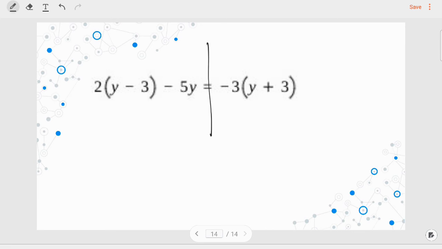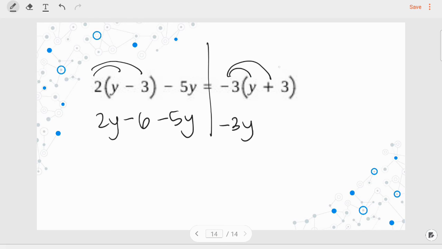Okay, let's try one more. Drawing our line, simplifying both sides. Distribute. 2 times y is 2y. 2 times negative 3 is negative 6. Bring down the negative 5y. And on the right-hand side, I'm going to distribute. Negative 3 times y is negative 3y. Negative 3 times positive 3 is negative 9.